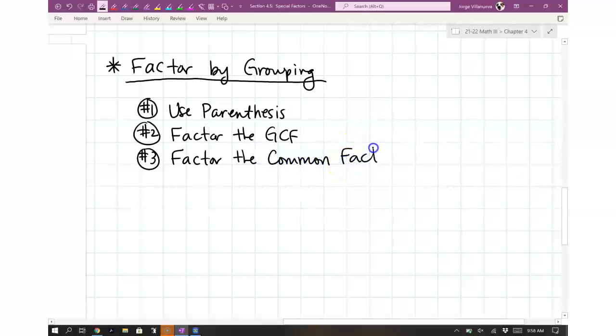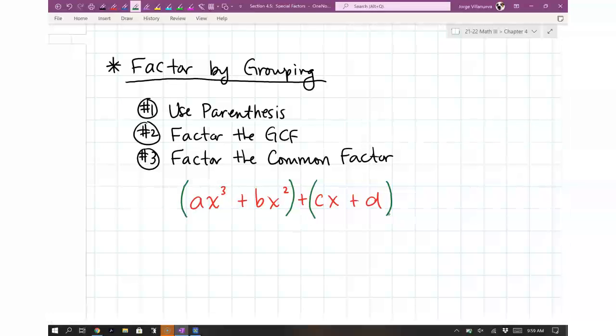And again, I know sometimes the instructions don't make a lot of sense because you actually don't see it done. But I'll give you a quick representation of what this usually looks like. What you're supposed to do is put a parenthesis around the first 2 terms and a parenthesis around the last 2 terms.